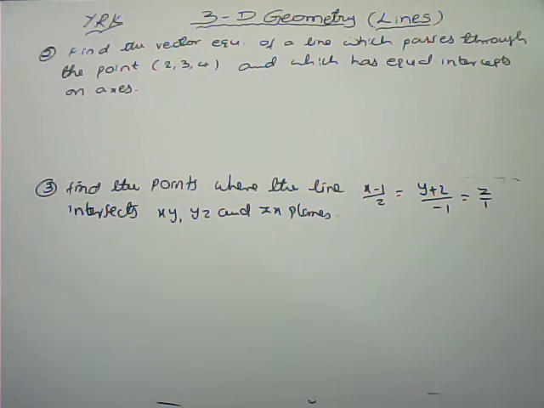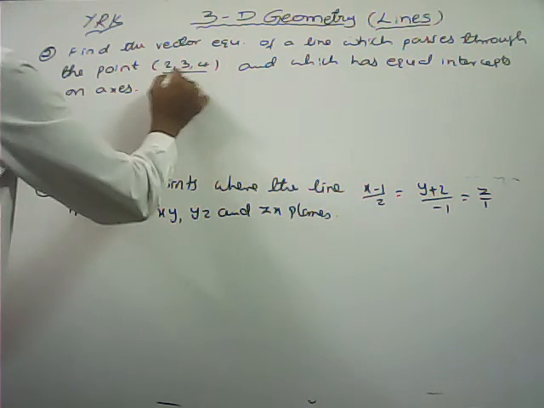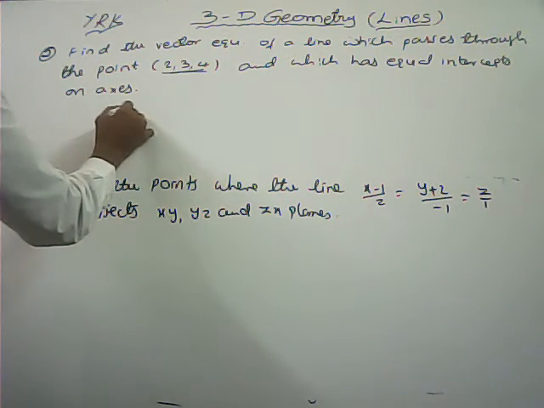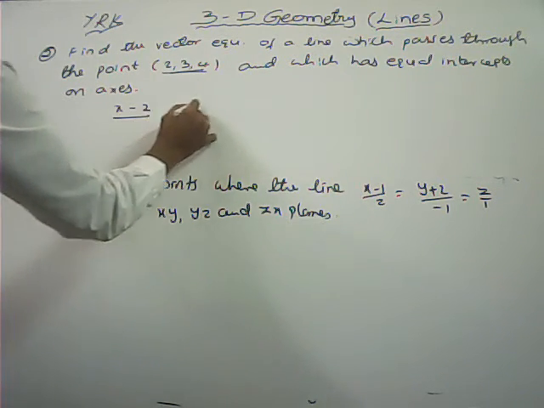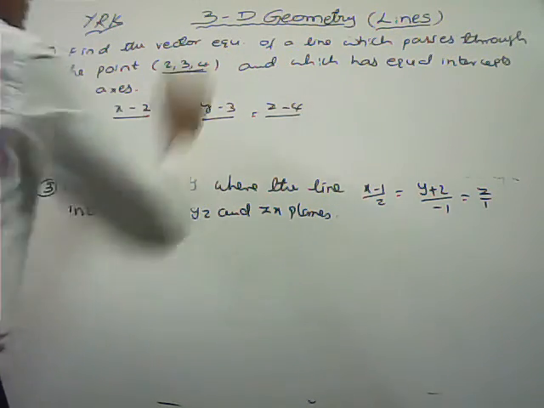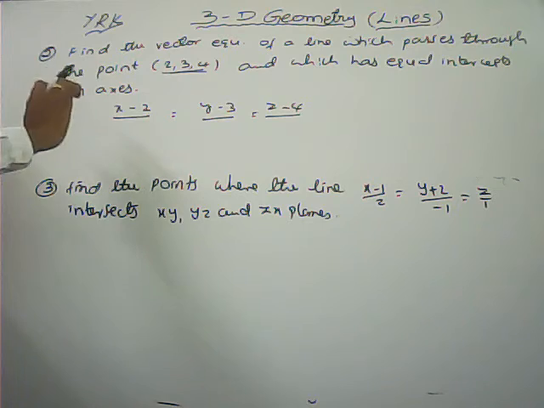Next one: find the vector equation of a line which passes through the point. Here the point is given. So we can write (x minus x1)/a = (y minus y1)/b = (z minus z1)/c, since it passes through the point x1, y1, z1.